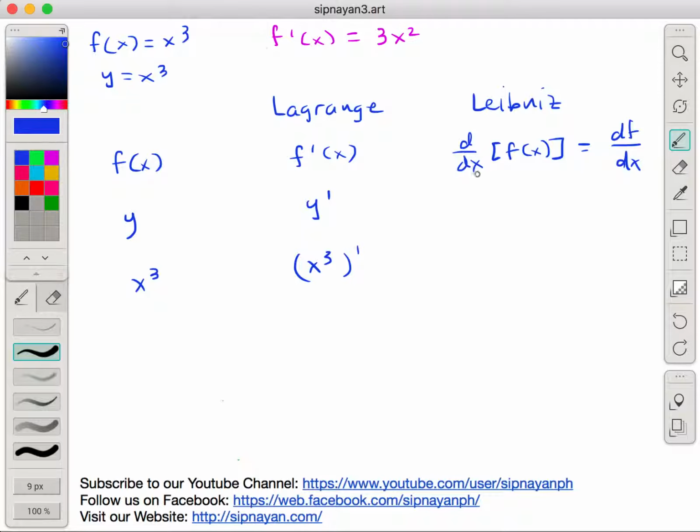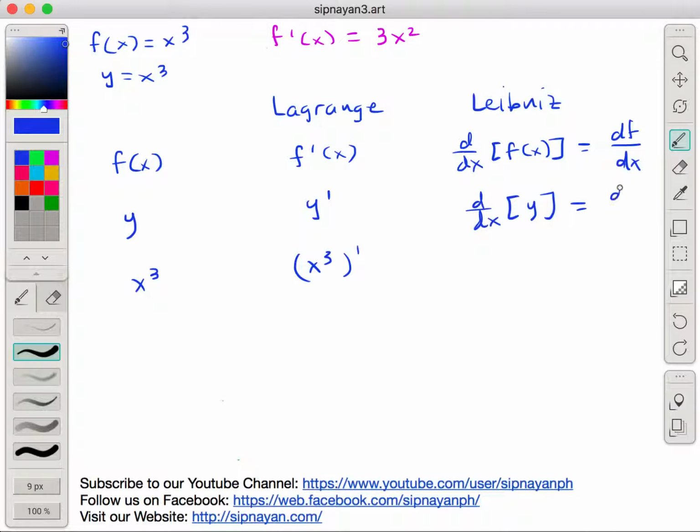So, d dt of f of t. Okay, so, depende sa kung anong letter ang ginagamit natin. Now, using Leibniz notation sa y, magiging d dx of y. So, napapansin nyo, d dx tapos naka-enclose lang siya sa bracket. Minsan parenthesis din yan yung ginagamit nila, but we will be using yung square bracket.